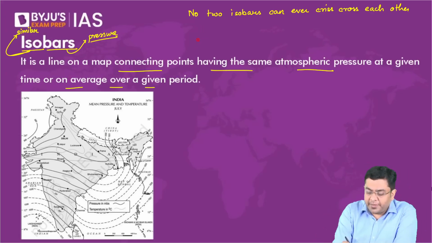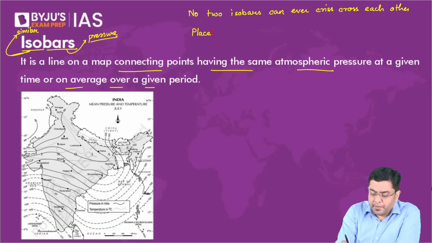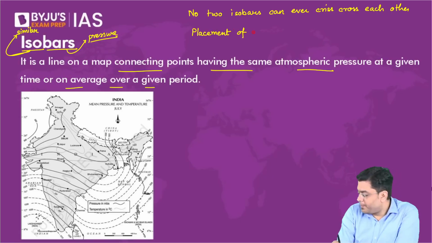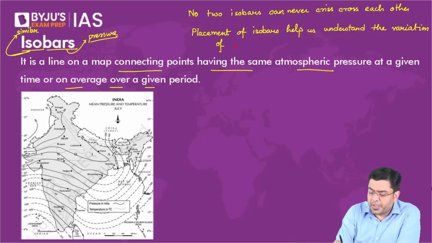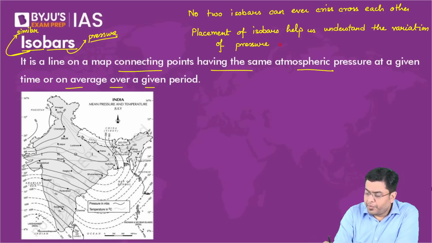So, the placement of the isobars helps us understand the variation of pressure over a particular distance.